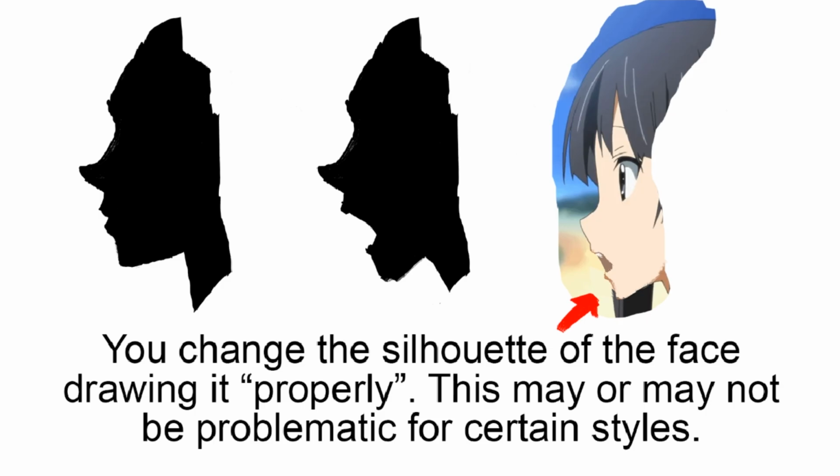When you are actively changing the mouth, you're changing the silhouette of the face, which may conflict with the hair and other design elements of the character. So this is one of those things that just saves you a headache. You don't want to deal with every single mouth position juxtaposed with their silhouette. So they just make it easy for themselves, animate the mouth, and leave a static face.